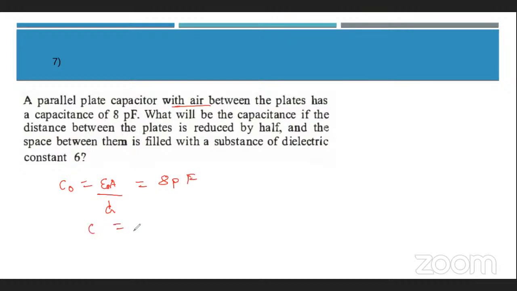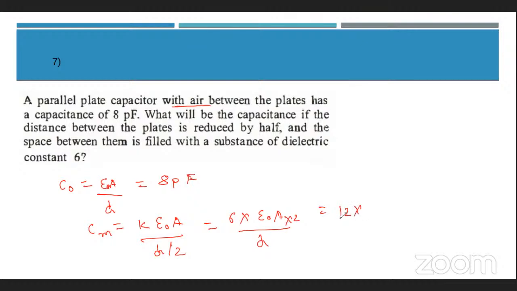So with the dielectric, this is C medium. For a dielectric medium, we multiply by K, epsilon naught A, and the distance between them is half. So it will become 6 into epsilon naught A upon D by 2.